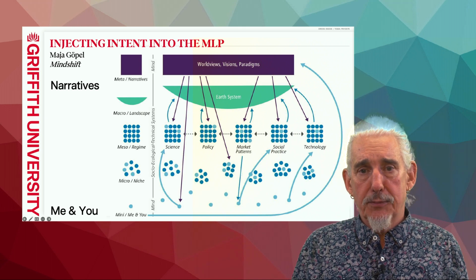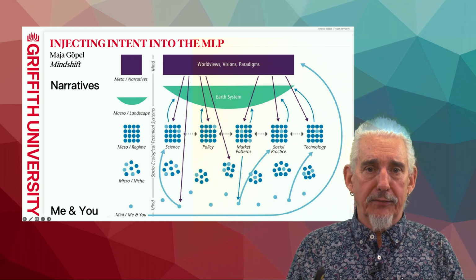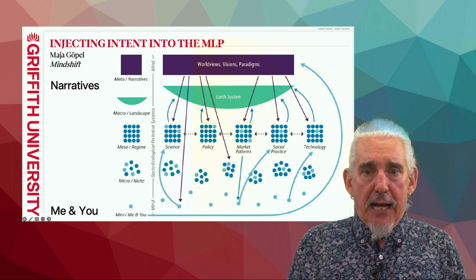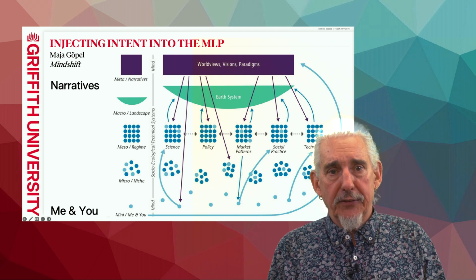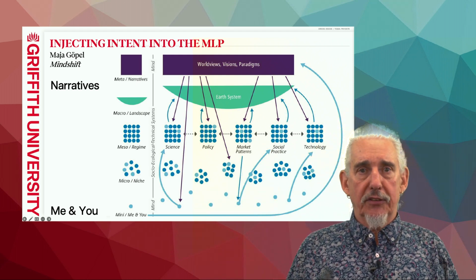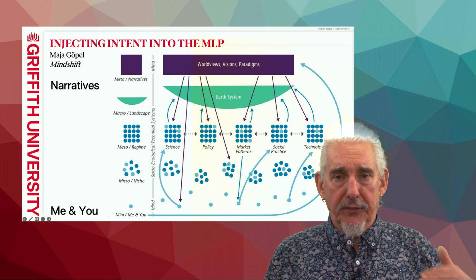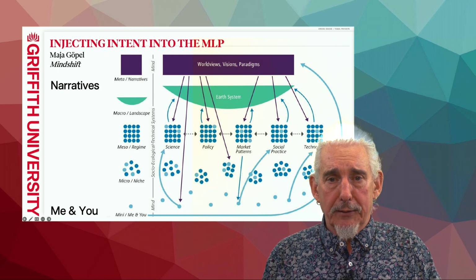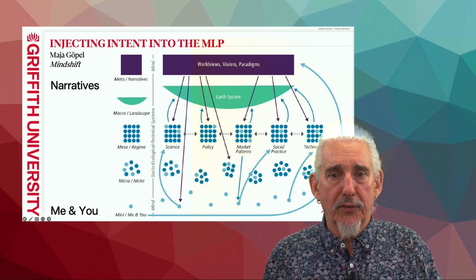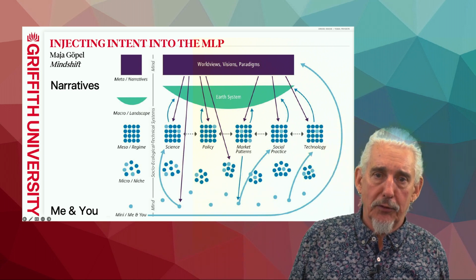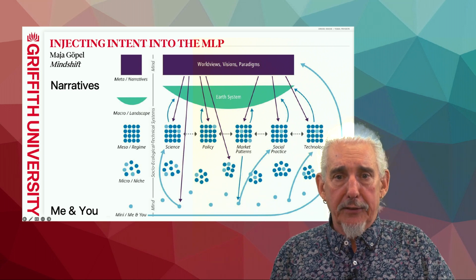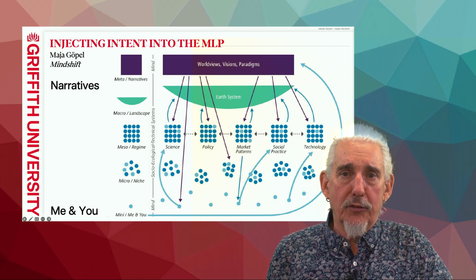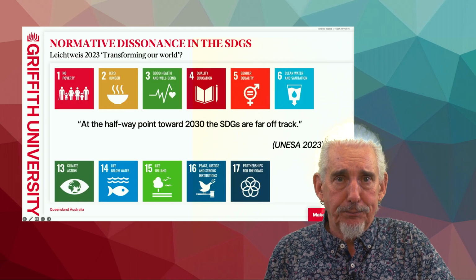Individuals below the niche, me and you, we have ideas and conversations that increase the impact of the niche on the regime. And we also build a new narrative that creates a paradigm shift that changes the landscape. So there's a pincer mechanism that provides an intention, a normative outcome, which is a mechanism for creating momentum to drive change. It adds power to the MLP, but again, it assumes a commonality in the vision.